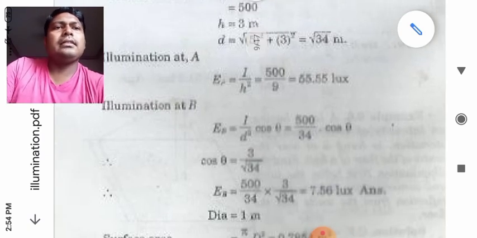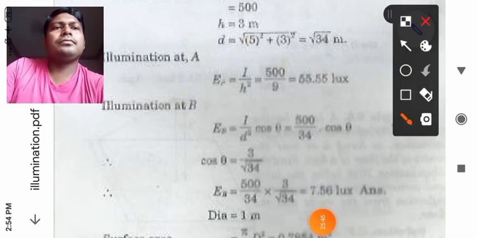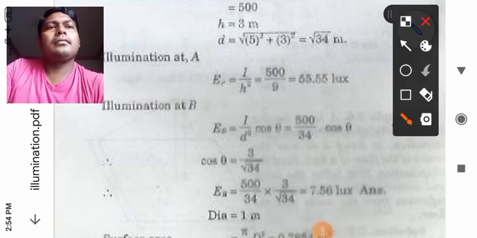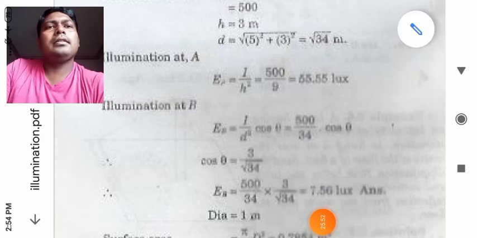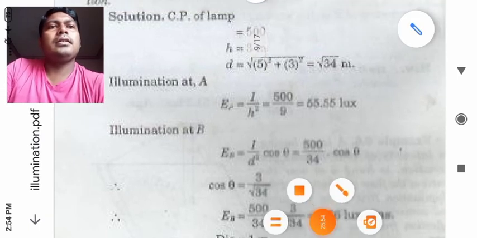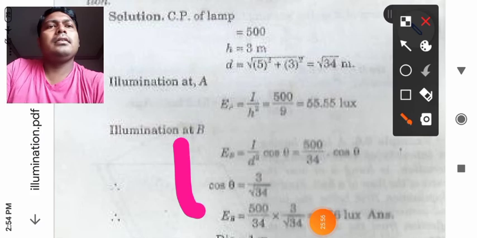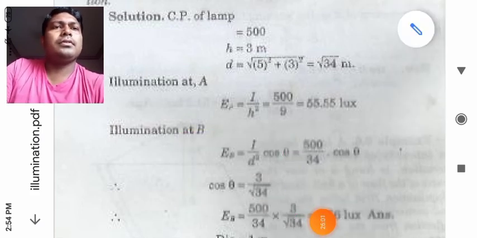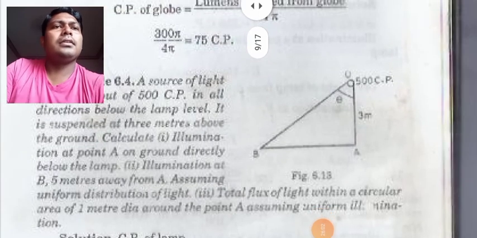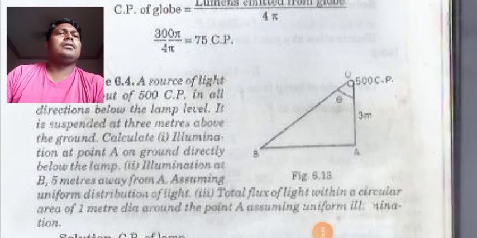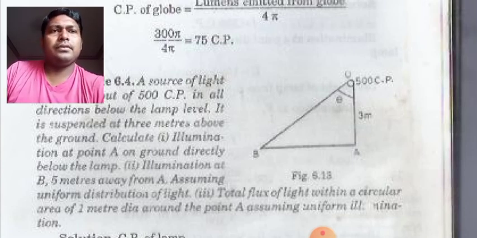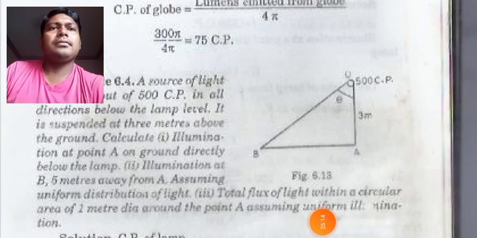So from where has this value come? This cos theta is equal to 3 divided by root over of 34. So it is from this figure. From here we can find out this cos theta is equal to 3 divided by root 34 by applying Pythagoras theorem.